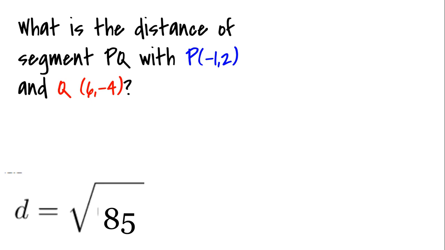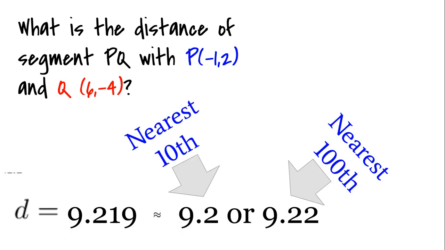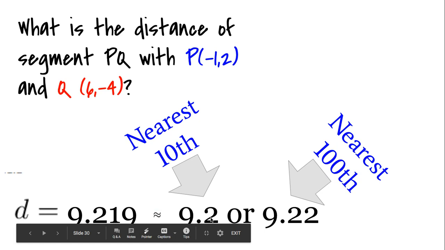Finally, take the square root to get 9.219. Here's this value to the nearest tenth, where we looked next to our tenths place and we saw a 1, so we kept the 2 the same, or to the nearest hundredth, where we rounded this 1 up because it was next to a very big number, 9. This is 5 or greater, so we rounded up.